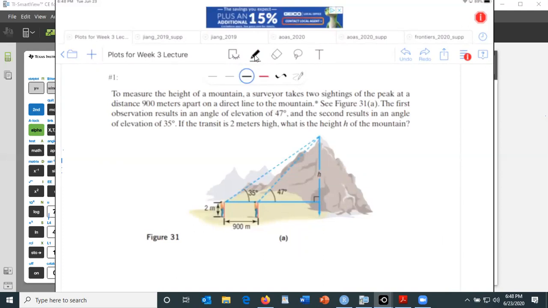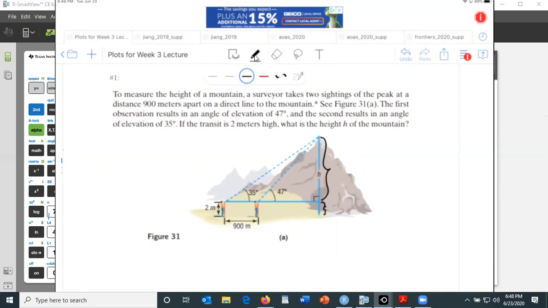Okay, so let's take a look at how we're going to do this. So first, notice that the height needs to be broken up into 2 pieces. The bottom piece we already know. That's just the 2 meters height of the person that is taking these measurements, this surveyor.